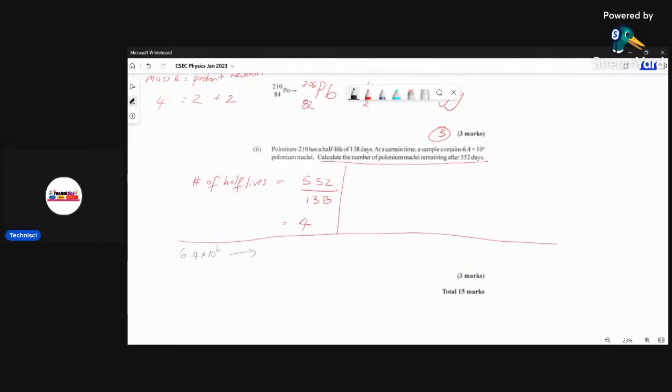So when you go through 1 half-life, which is 138 days, how much of the sample are you expecting to see? Tell me the full answer. How much is left?